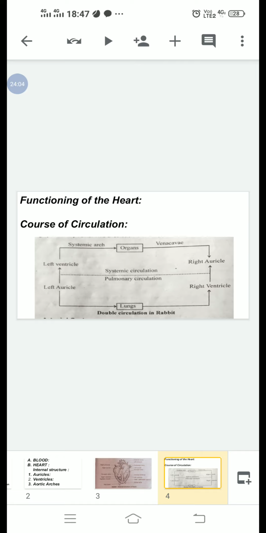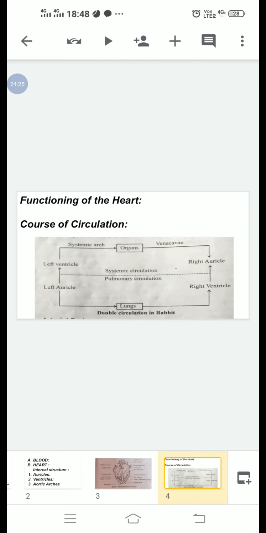When the ventricles contract, the tricuspid and bicuspid valves are closed. The impure blood from the right ventricle flows into the pulmonary arch.